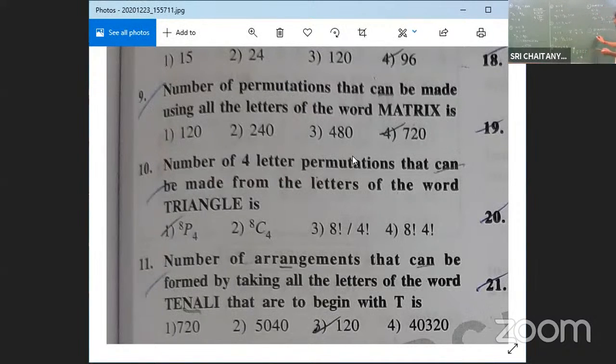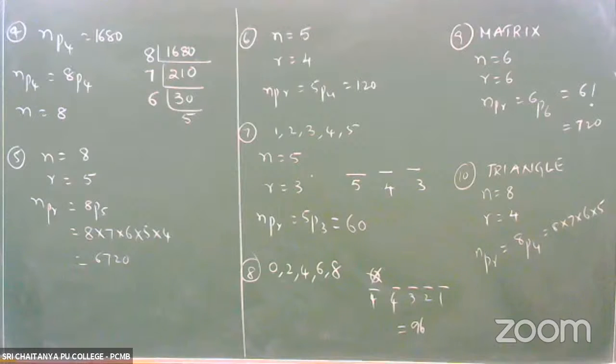He asked you a 4-letter word, so r value is equal to 4. Now, how many 4-letter words can be formed by using the letters of the word triangle? 8P4 is equal to nPr. What is the value of 8P4? 8 into 7 into 6 into 5. Copy this one. Yeah, copy these 10 problems.